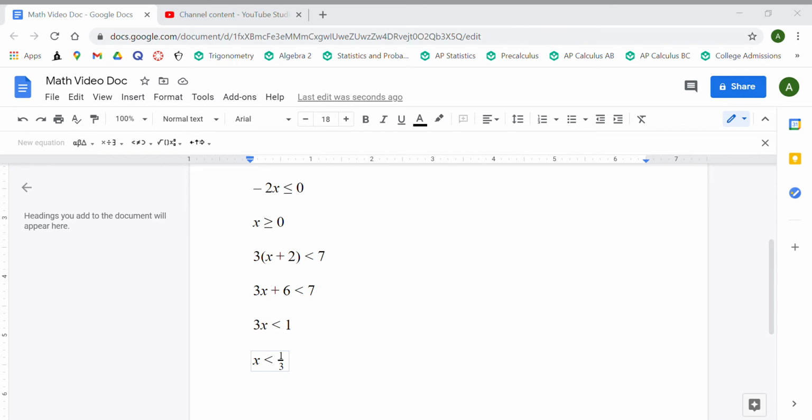Okay, apparently my computer is just not responding. Okay, there we go. So x is less than 1/3. Open circle, shade to the left. There you go. Alright, try one of those advanced ones on your own now.